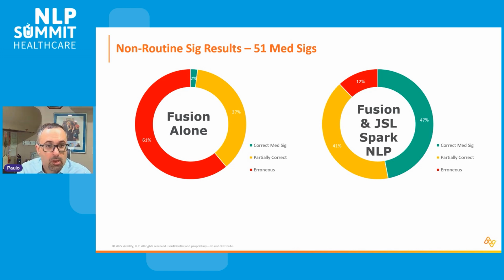As you get into the more complex, our product alone, when you don't use NLP, really does poorly for the complex prescriptions, and only 2% of the time do we get the correct med sig. Whereas if you look at the out-of-the-box solution from John Snow Labs, you can see that correct med sig goes up to 47%, which is pretty impressive for this additional information.